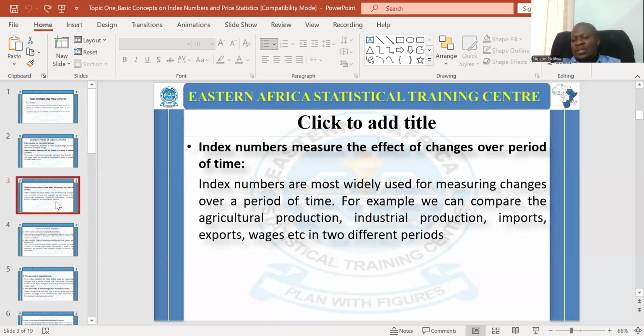For example, you may want to compare agricultural production in 2010 and 2020 to get the effect of changes for those two periods, or industrial production, imports, exports, wages, or any other variable for which you need to find the changes.